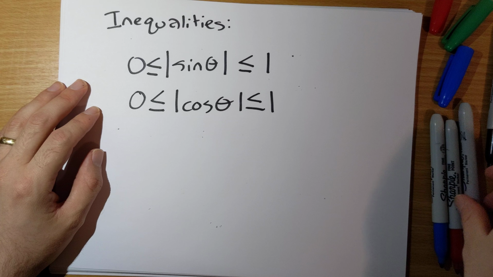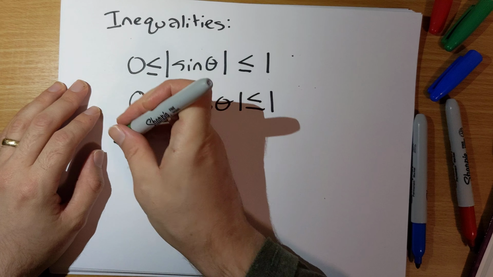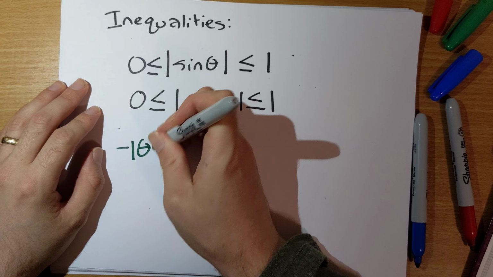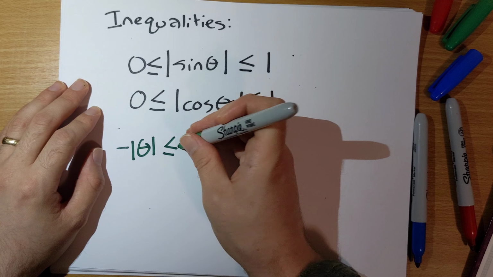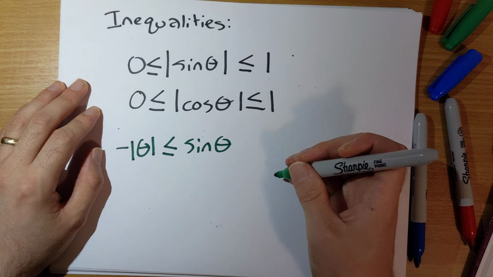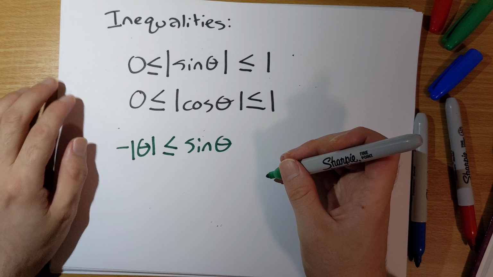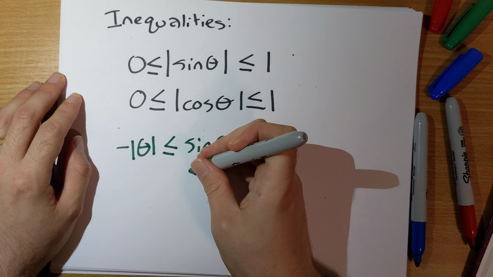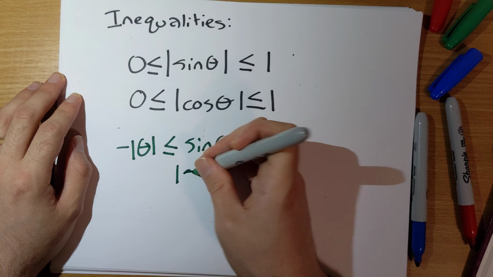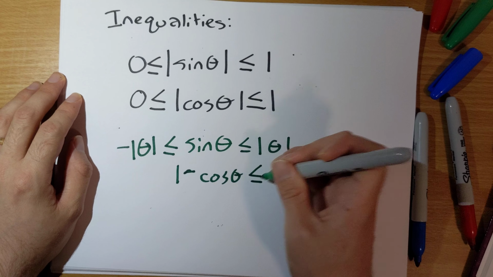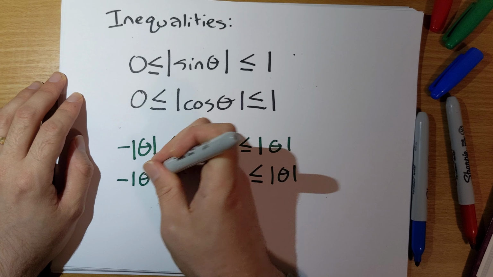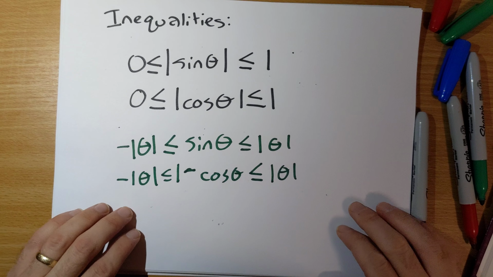And then at some point we will make use of the following inequalities, assuming theta is measured in radians, as it should be. Sine theta is between negative absolute value of theta and positive absolute value of theta, whereas 1 minus cosine theta also satisfies these same relations. So these are all useful things to know.